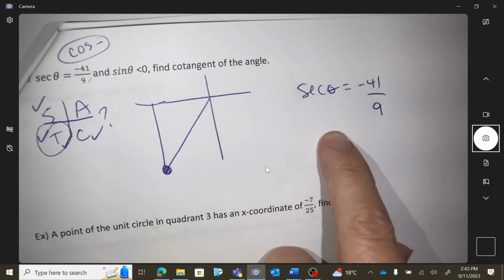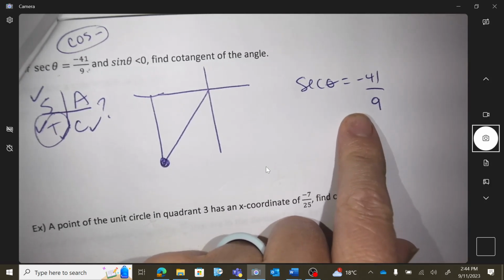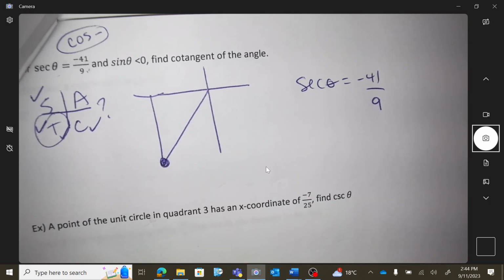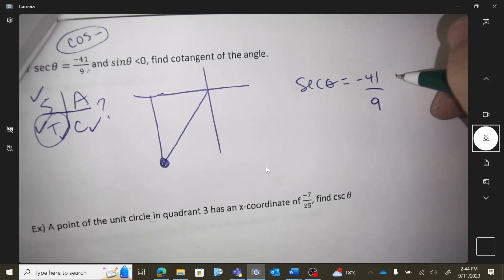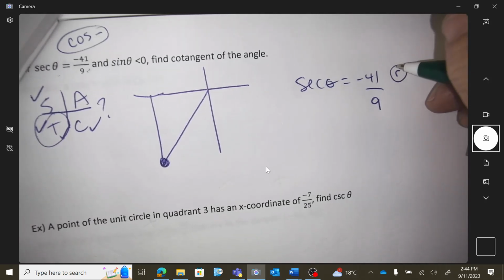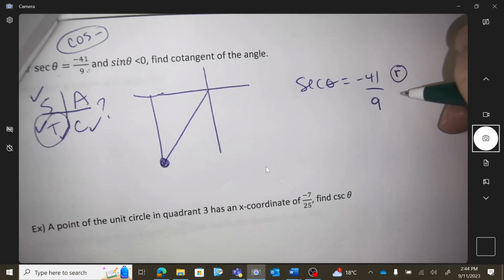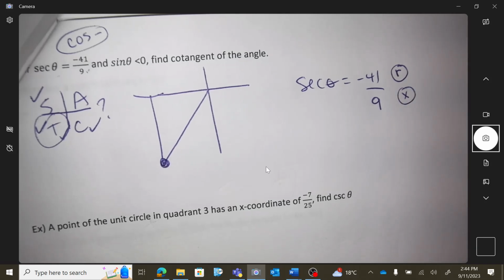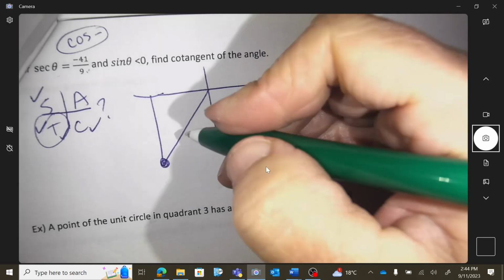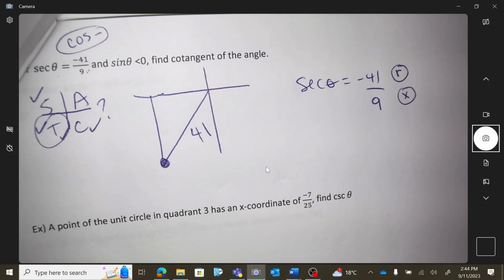Okay, it gave me secant. What letters did it give me then? So it's okay if you're looking on your formula sheet for now. It's the R and the X. So R is 41.